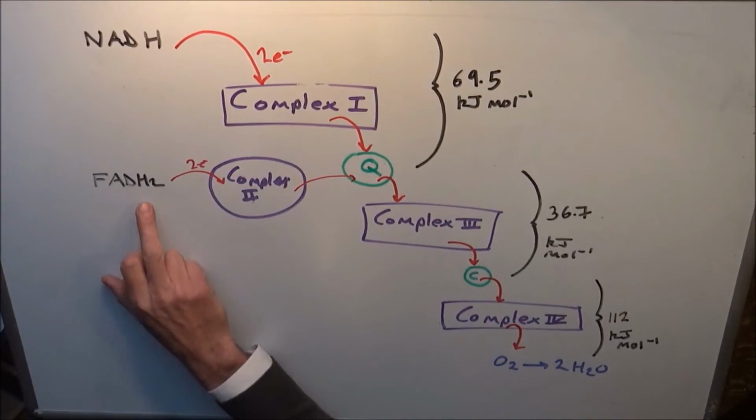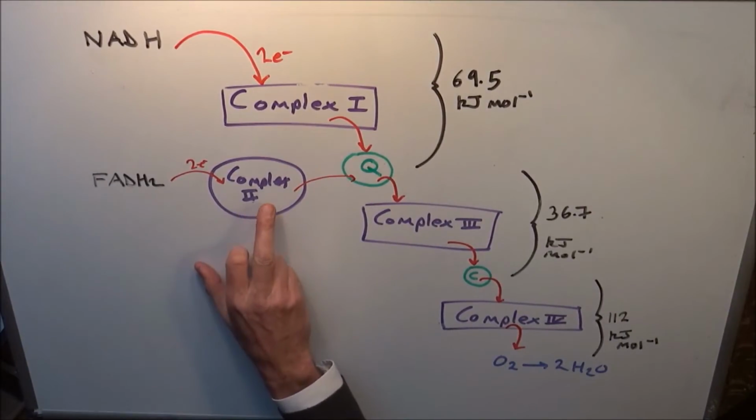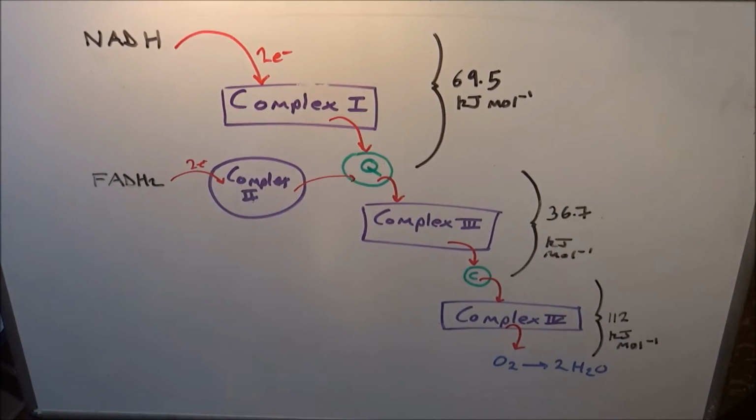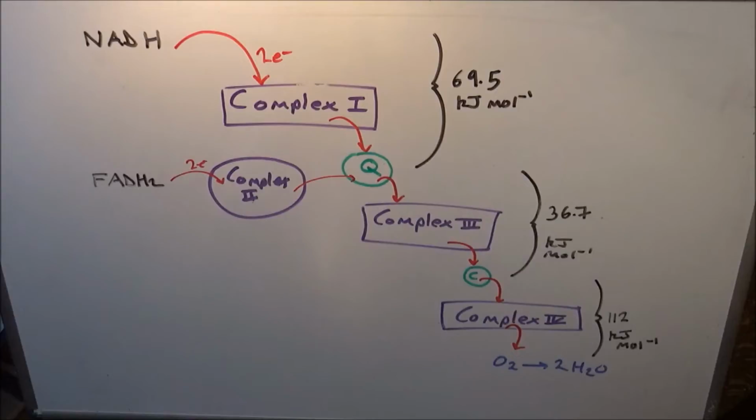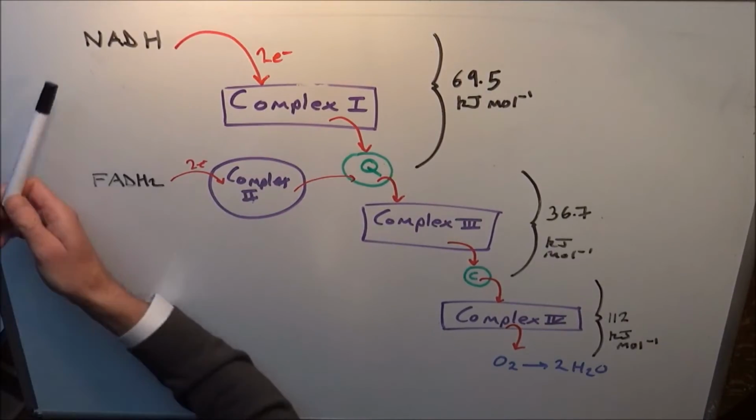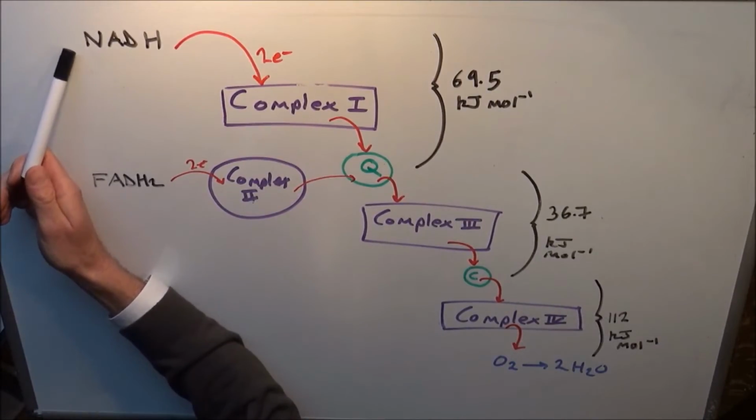We're talking about FADH2 feeding its electrons in via complex 2. Complex 2 is associated with the Krebs cycle. In the complete oxidation of one molecule of glucose, you generate 10 molecules of NADH, so 10 NADs get reduced.